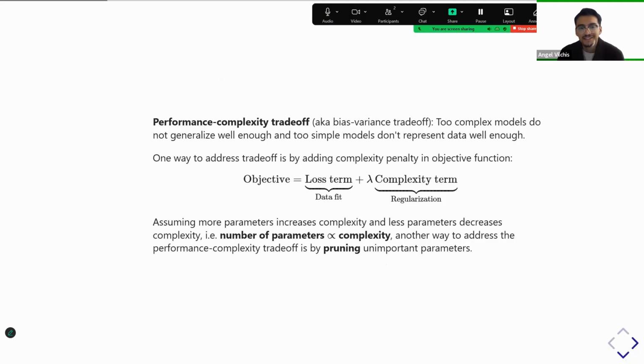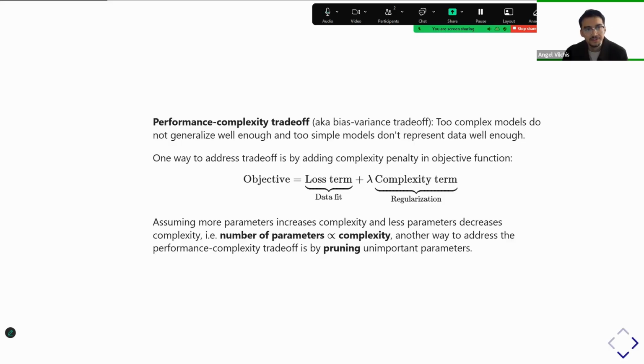The fundamental problem in machine learning that these papers try to work on is the performance complexity trade-off. This is also widely known as the bias-variance trade-off. That's the idea that if you have too complex of a model, it won't generalize well to new data, right?